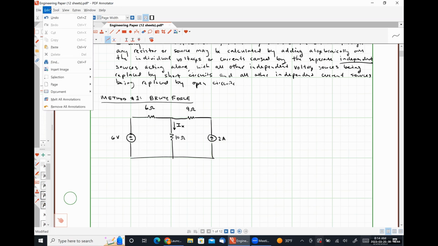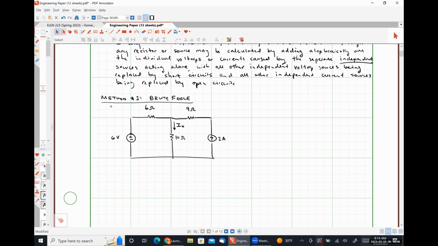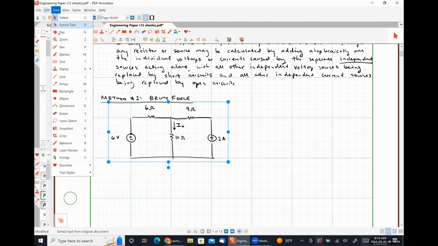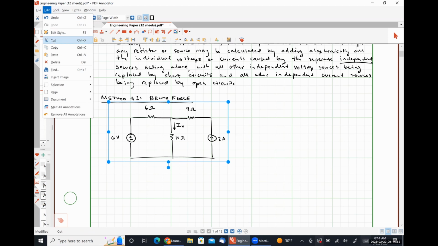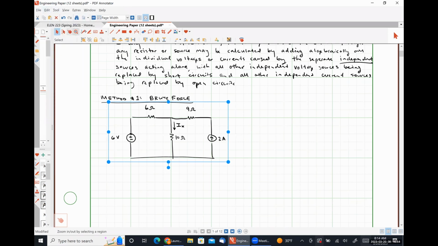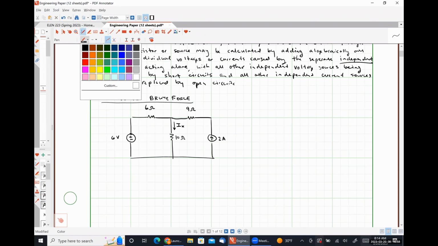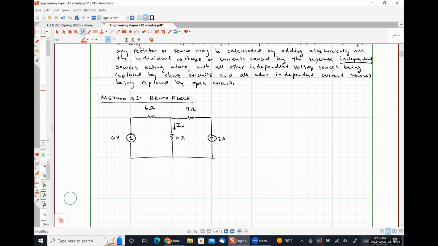And just for simplicity's sake later on, I'm going to go ahead and make a copy of this. So because I'm going to be applying Kirchhoff's voltage law and Kirchhoff's current law, I'm going to identify some things that may be of use to me. I'm going to call this voltage here V6.